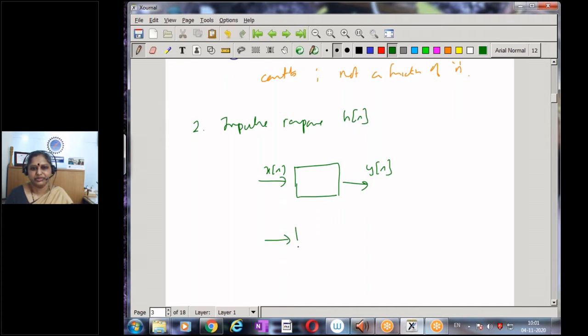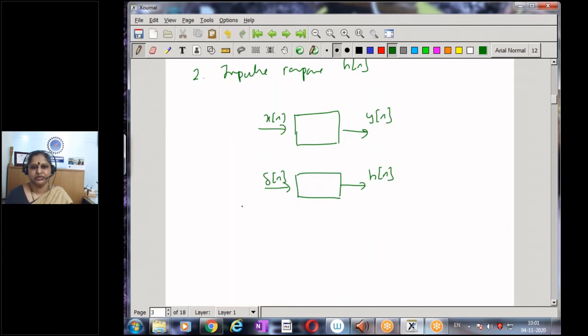Now to the same system, if I give my input as the unit impulse function, the output that I get is known as the impulse response. So what is my input? Input is the delta function. So it is 0 for all n and it is 1 for n equal to 0. So this is my input x of n or delta n.